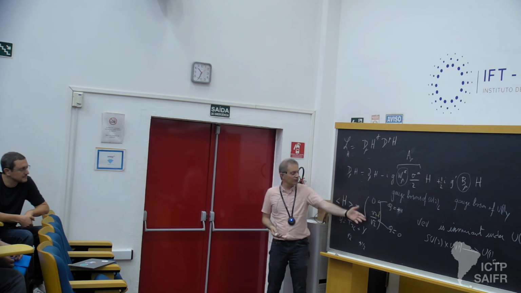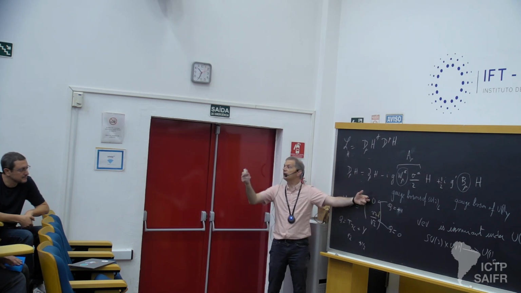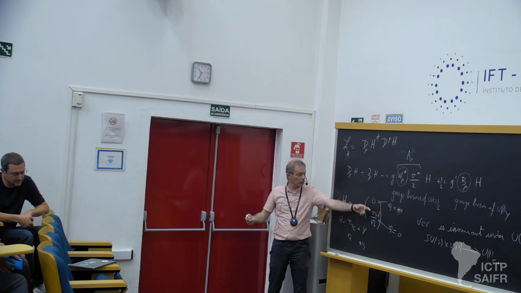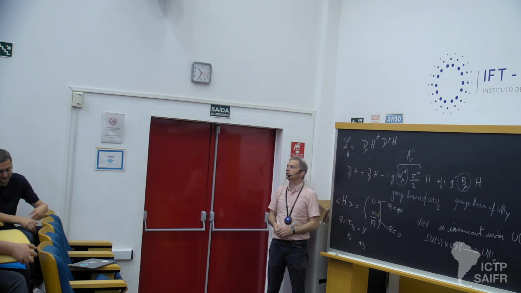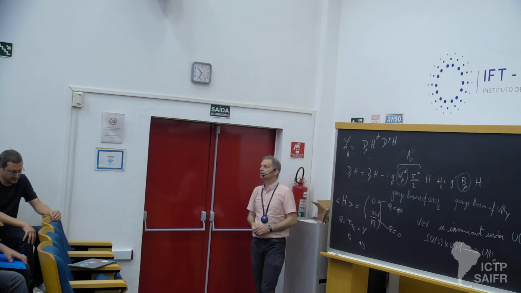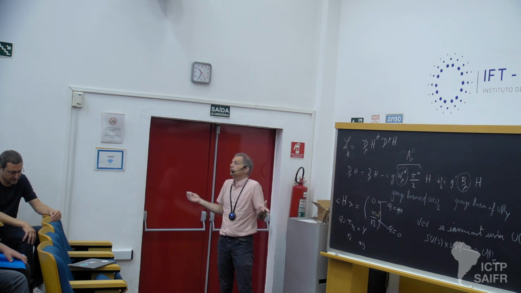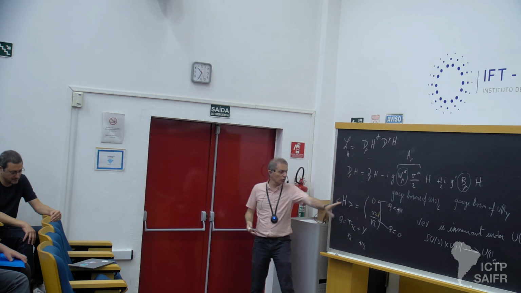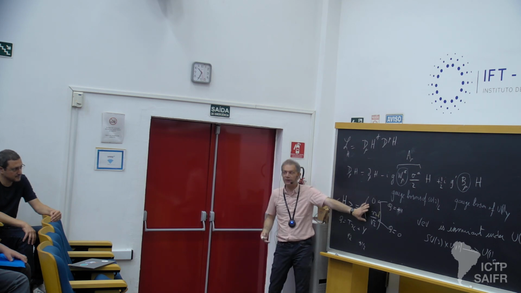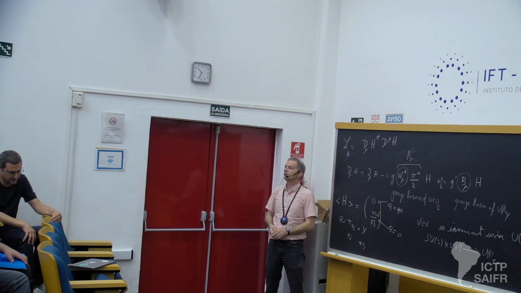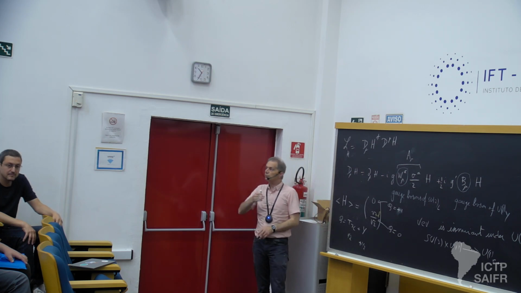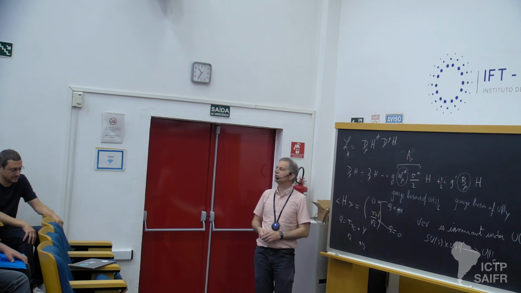You can see it here: if you have a doublet, by choice of SU(2), you can always put the VEV into the lower component, and then you have a U(1) that remains unbroken. It's obvious that this VEV leaves the U(1) invariant. So if you want to break further down, you need to introduce more scalars.